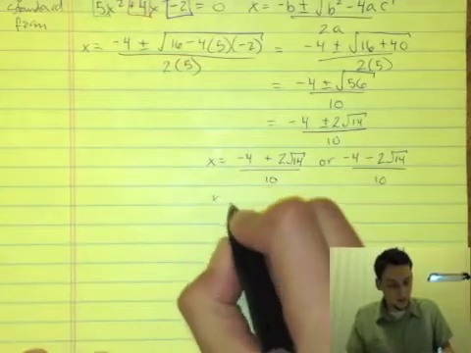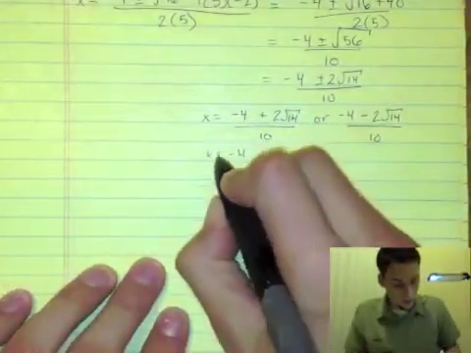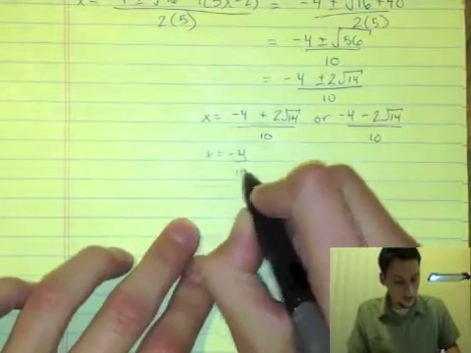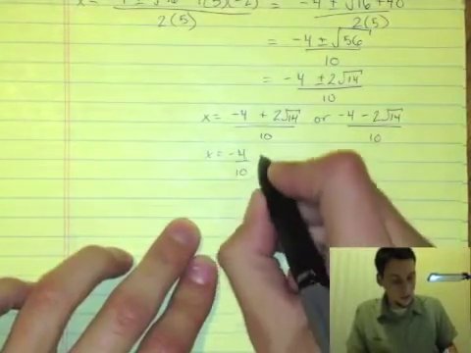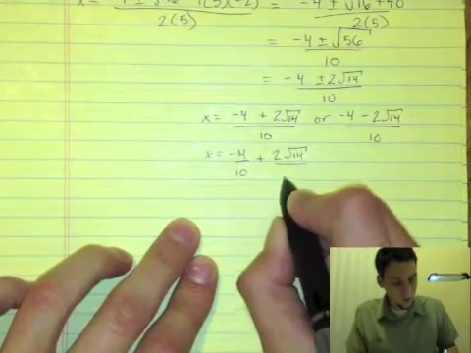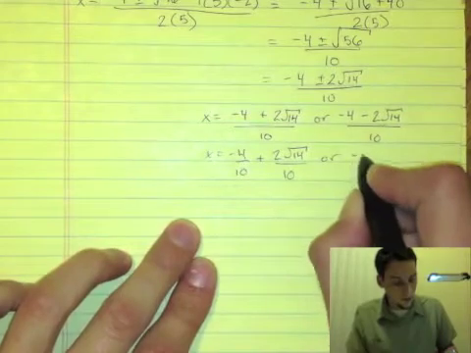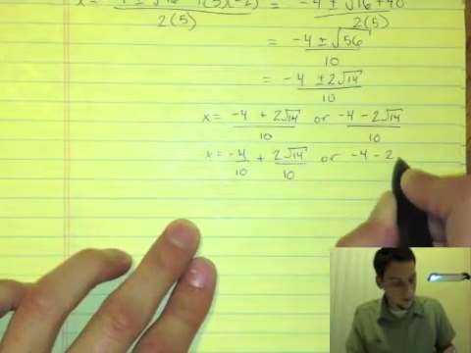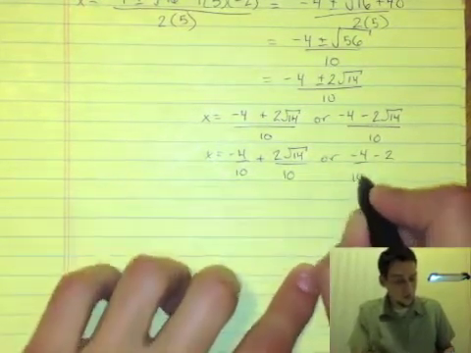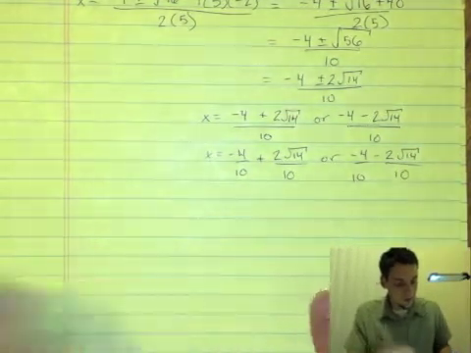And what I'm going to do one last time is split up that denominator. So x equals negative 4 over 10 plus 2 root 14 over 10, or negative 4 over 10 minus 2 root 14 over 10.